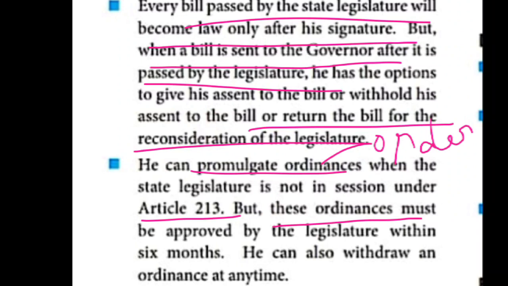But these orders must be approved by the legislature within 6 months. He can also withdraw an ordinance, the order passed by him, at any time. So these are the things given, children.